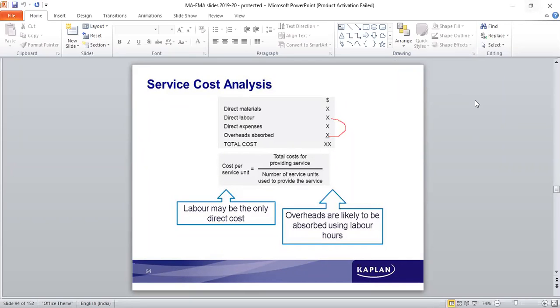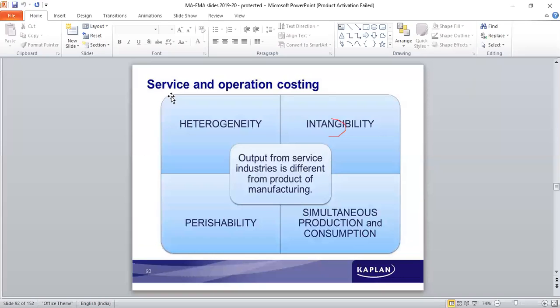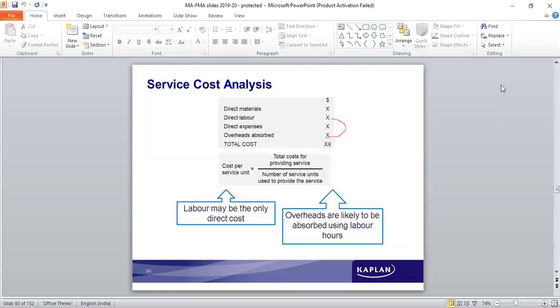So if time permits, we can do one question, but otherwise this is the explanation. But please remember the points of difference between manufacturing businesses and service businesses. You can also be asked to write about the points of difference between the service and manufacturing industries.